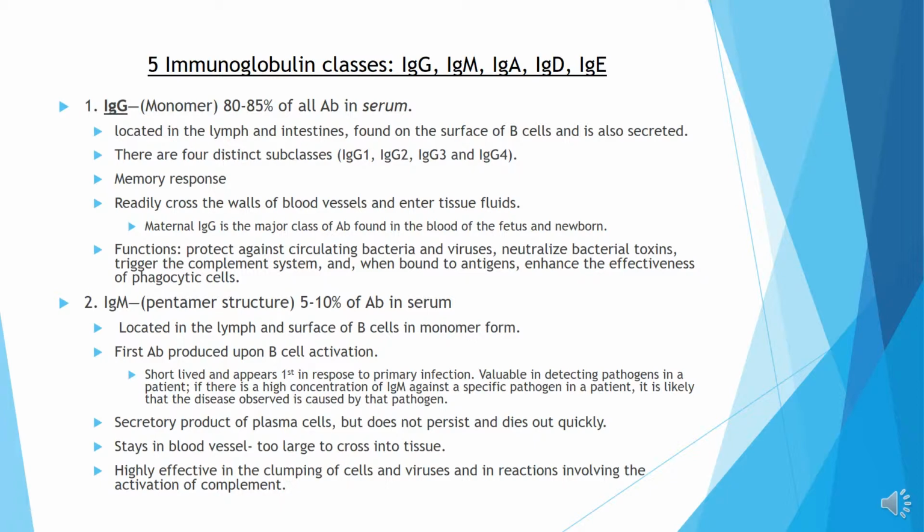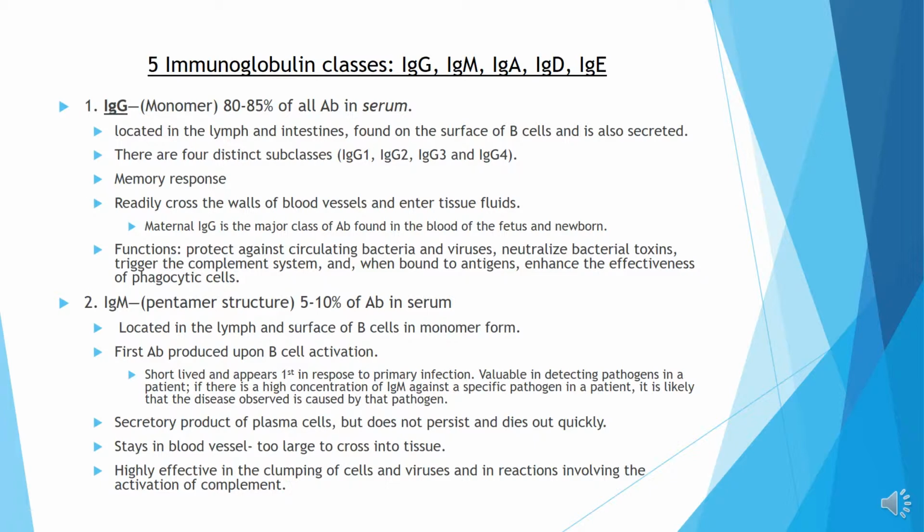The IgM antibodies are the first antibodies produced upon B cell activation. IgM is relatively short-lived and appears as the first response to primary infection. This makes it valuable in detecting pathogens in a patient, since it is likely that the disease is caused by that pathogen.